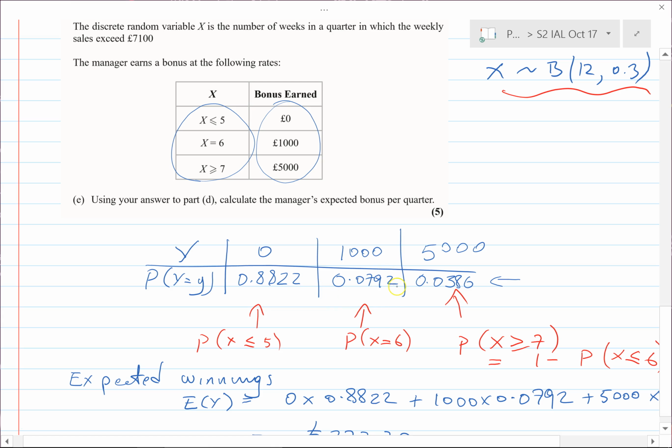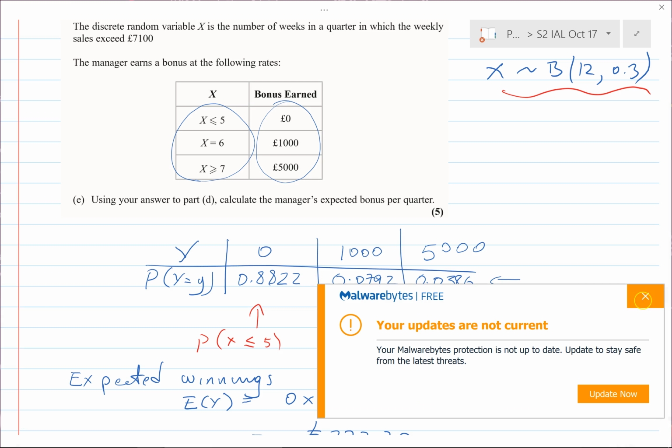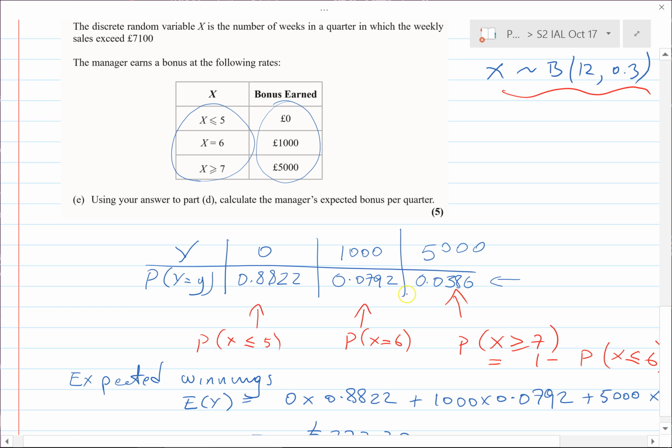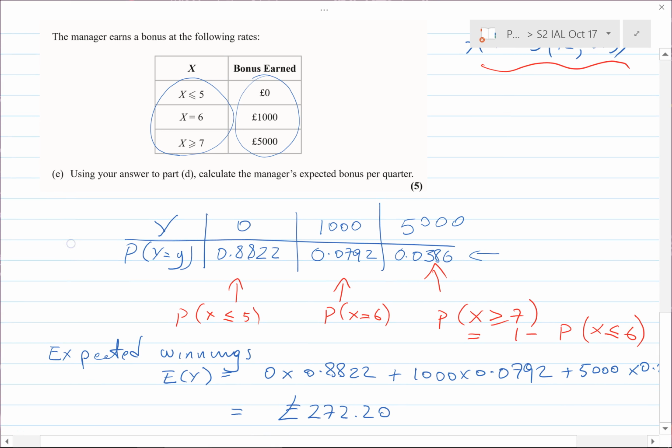This I got by using the tables, basically finding the difference between 2 tables. And then looking at this, we had the probability of 5,000, X is greater than or equal to 7, as 1 minus P(X is less than or equal to 6), and we can look at that number in the tables as 0.96 something I think, and 1 minus that comes to that.